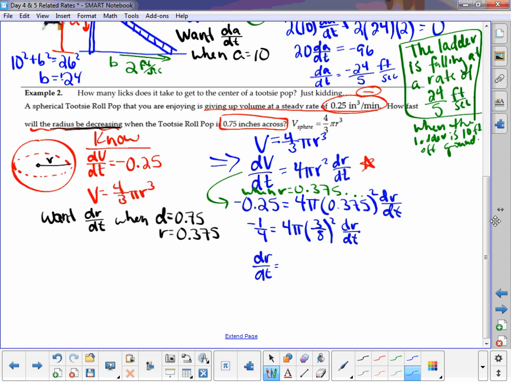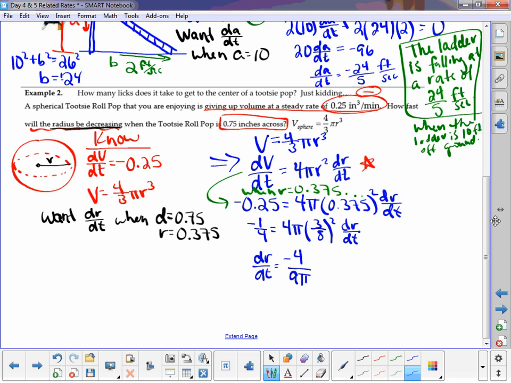Negative, good, because my radius is shrinking. Alright, what do we get for dr/dt? Good, -4/9 pi.